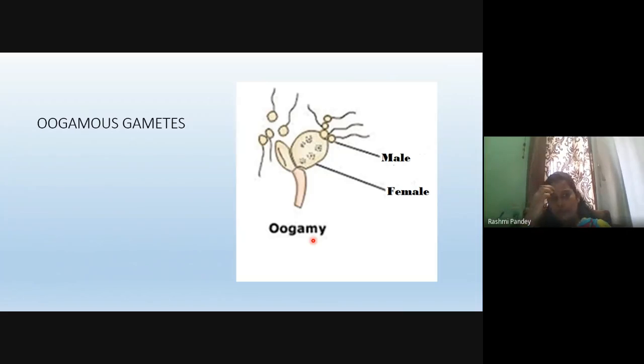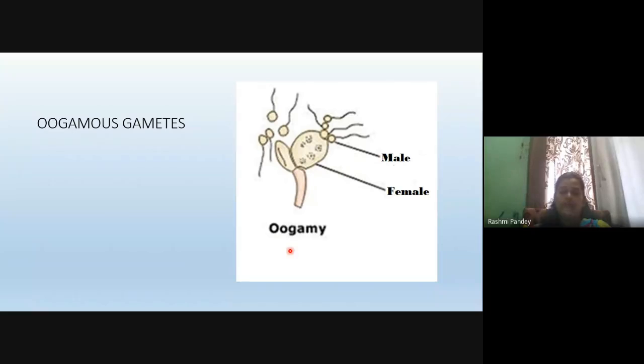Then one type of the anisogamy. Now here we can see one cell which is motile and very small in size, and another cell which is very enlarged and is attached to the hyphal apparatus. So it is non-motile, which is called oogamy.